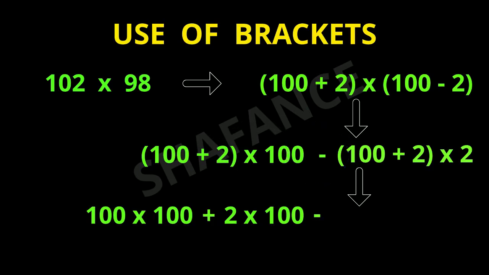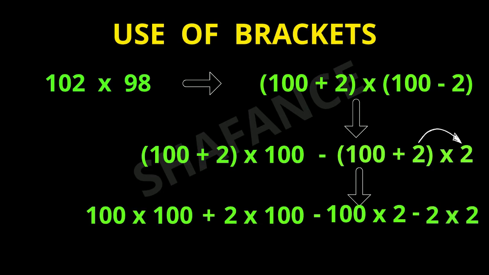So minus comes, then we open the bracket: 100 into 2. Then there is a plus sign, however there is a minus sign before that, so plus and minus becomes minus. So we write again a minus sign and then we get 2 into 2.